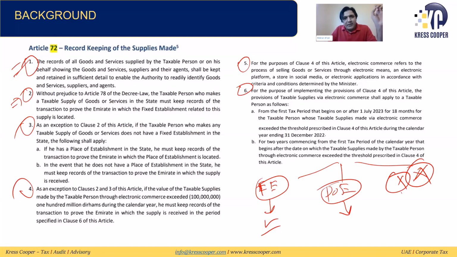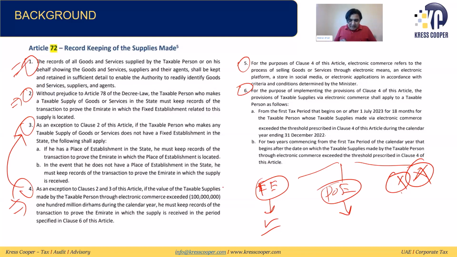They have introduced in Article 72 subclause 4 the exceptions as well. This clause 4 is the exception to Article 3 and Article 2. They said as an exception to Article 3 and Article 4, if the value of the taxable supply made by a taxable person through e-commerce exceeded 100 million dirham during the calendar year, he must record the transaction to prove the Emirate in which the supply is being received.